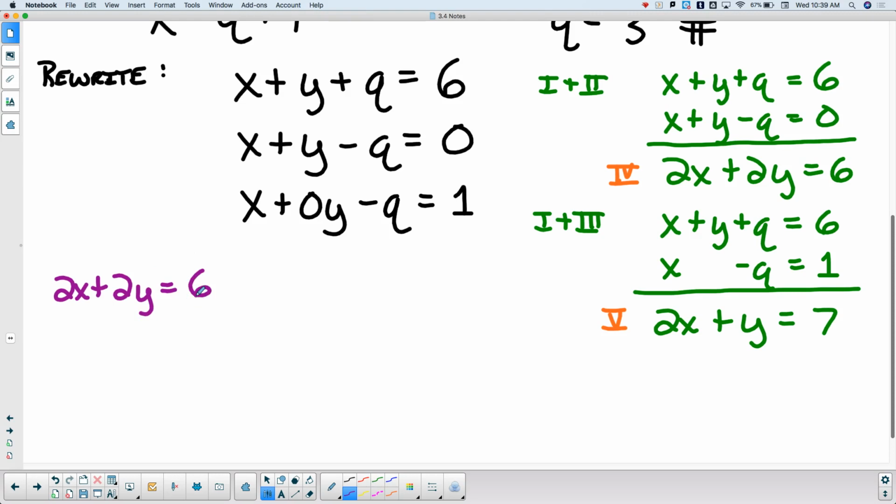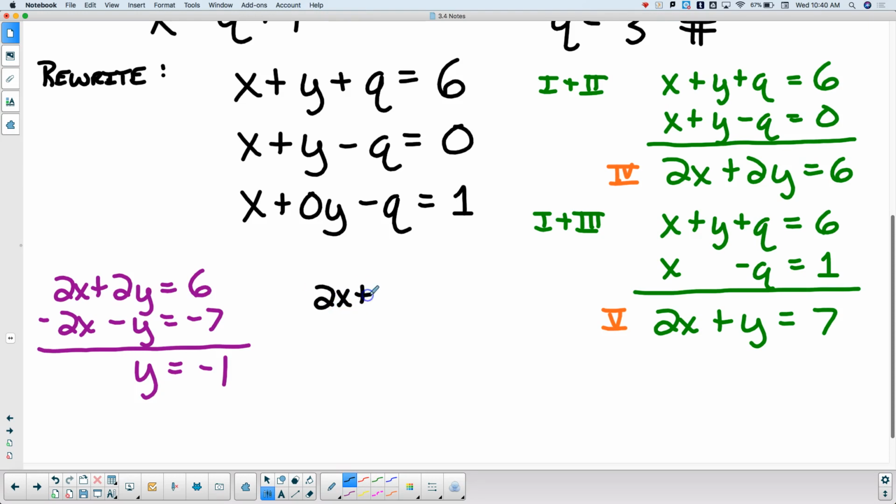And I'd go negative 2x minus y equals negative 7. And then that gets me y equals negative 1, which then I put back into 2x plus negative 1 equals 7. 2x equals 8, x equals 4.